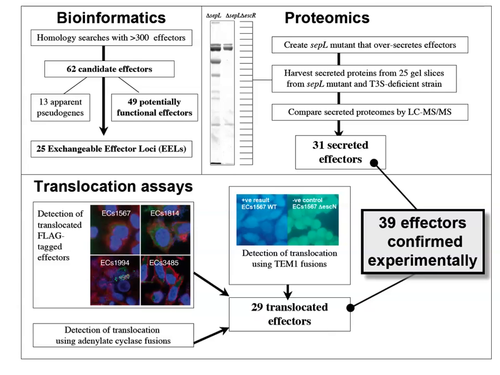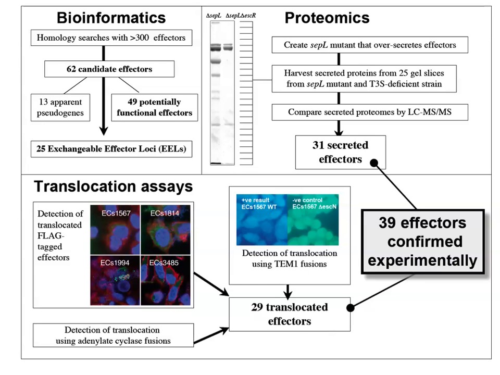As for proteomics, the group in Japan made a SepL mutant similar to the way that Brett Finlay did. They cut slices, ran mass spec on those, and identified 31 secreted effectors. Then all three groups did so-called translocation assays, where you take a gene that you suspect to be an effector and fuse it to some kind of reporter, and then you detect the movement of that reporter into a eukaryotic cell.